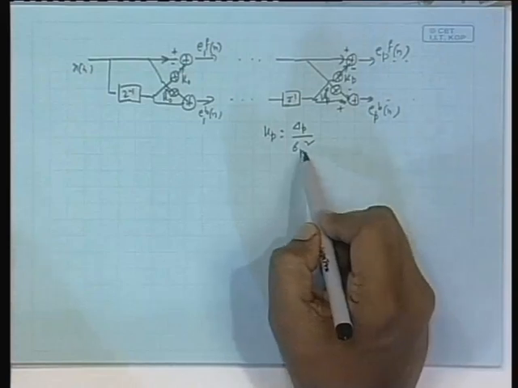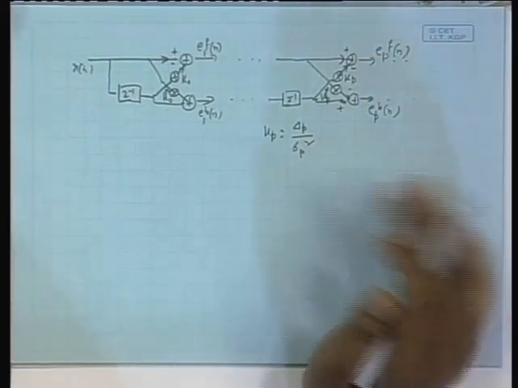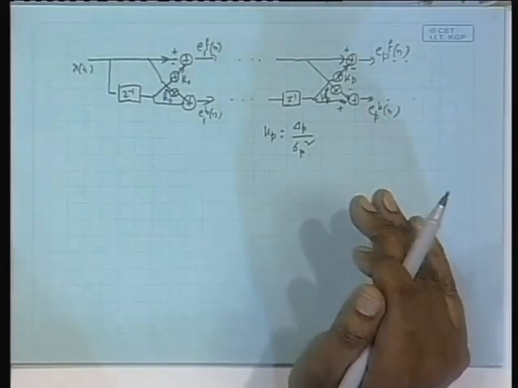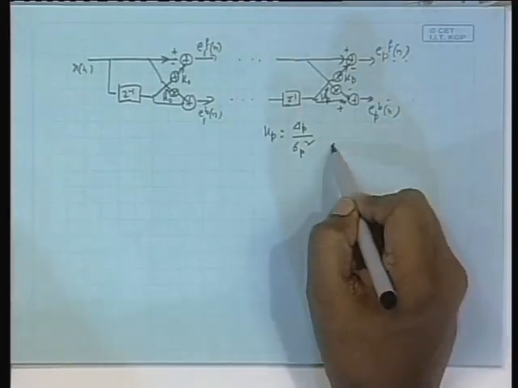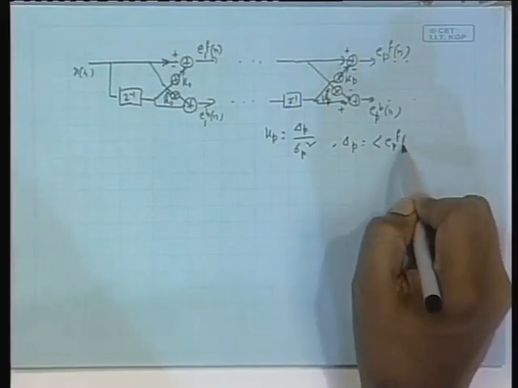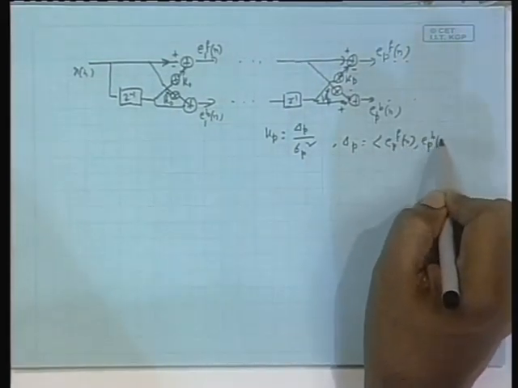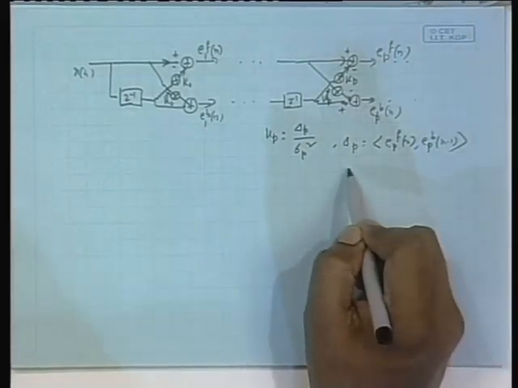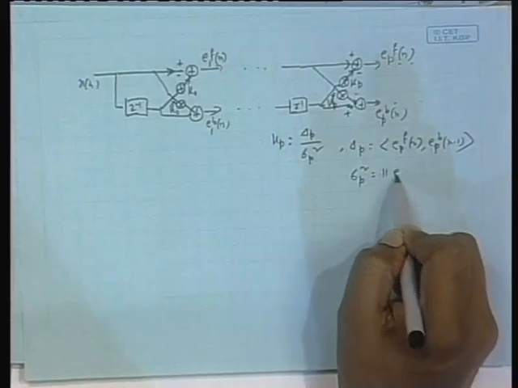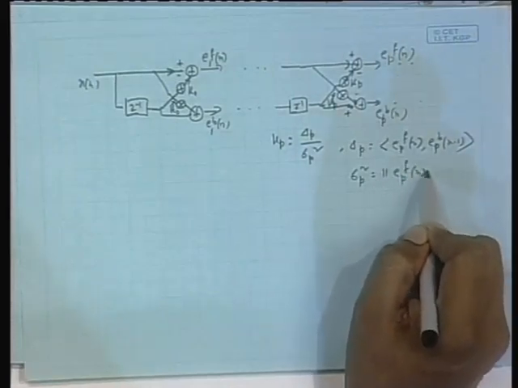So I am not writing sigma P F square or sigma P B square, no point. I told you last time that I will drop that index F for a superscript A for B, where delta P was the inner product between E P F n and E P B n. These are all standard stuff, what we have discussed. Sigma P square is the norm square of either of the two.